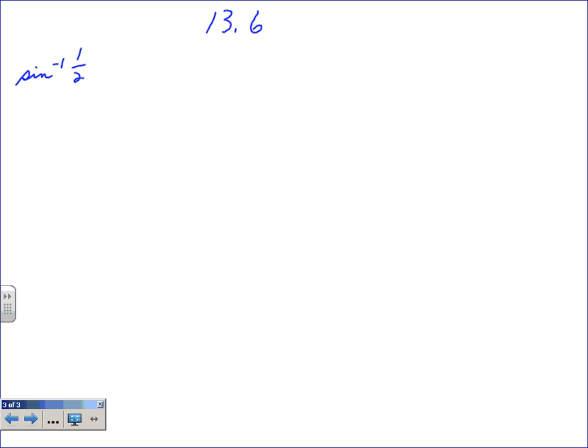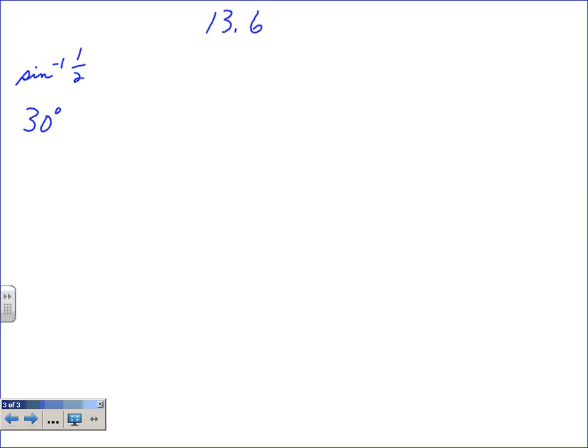Okay. Let me ask you this. What that means is, I want to know the sine of what angle is 1/2. Tell me. Sine of what angle is 1/2? 30 degrees. Very good. Okay. How do you know it's 30? Could it be 390 degrees?